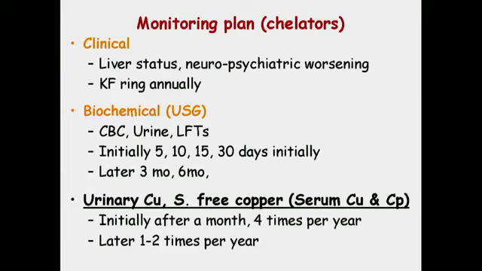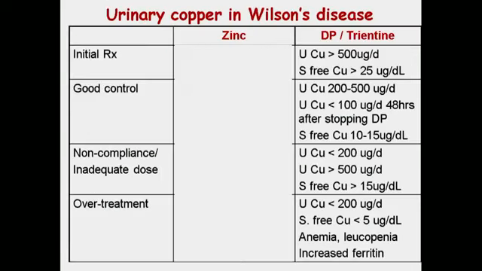Our personal experience is that again the values are all over the place. You get negative values, you get positive values. If you are measuring ceruloplasmin very accurately and serum copper extremely accurately, that may be the way to go. I am not too sure how reliable it is and how often people are using it. We did start using it, but now we really don't depend on it to that extent.